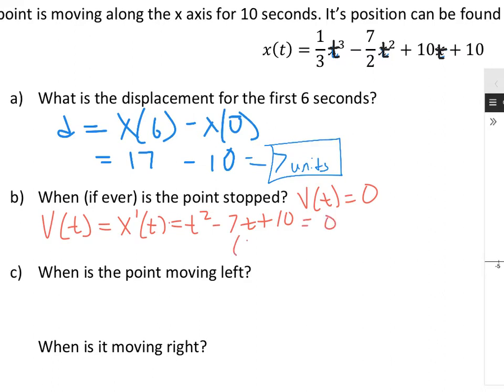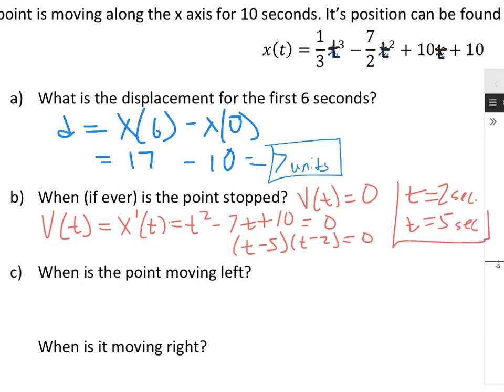We're in luck, I think this factors: t minus 5 and t minus 2 equals 0. It factors. Set this equal to 0 and this equal to 0. We have 2 times. T is 2 seconds and t equals 5 seconds.